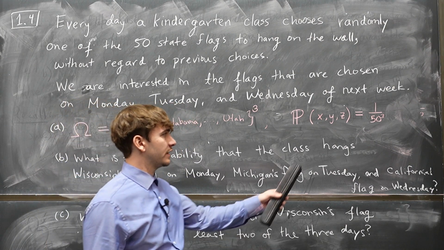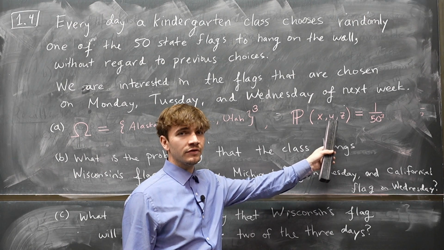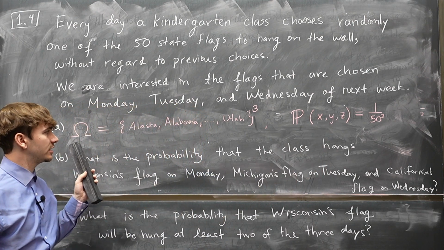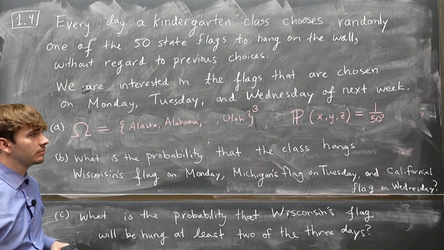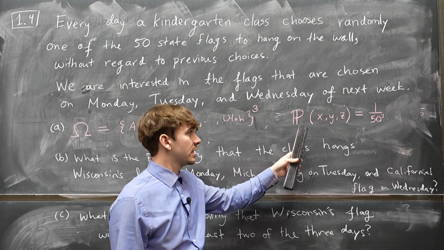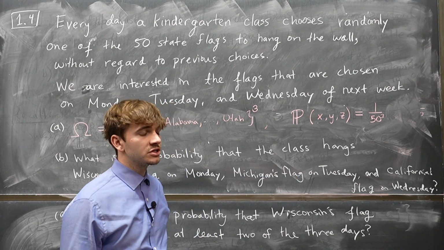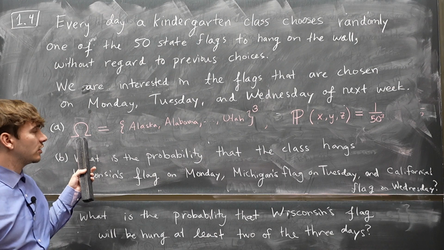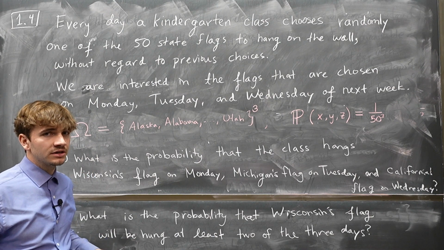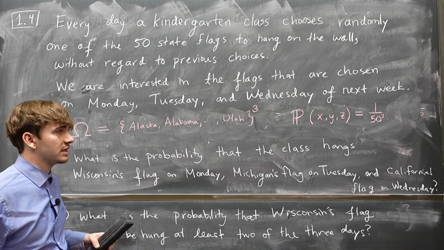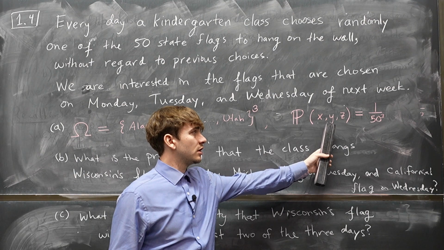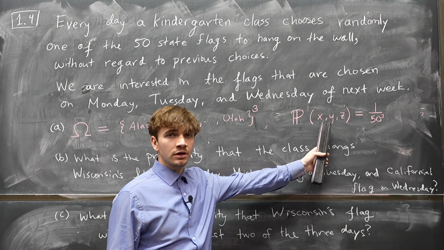Now, also recall that by specifying the probability of every possible outcome, I fully specify the probability measure on my sample space because of the axioms of probability measures. If I look at any event, which is any subset of omega, well, since omega is a finite set, every subset is going to be a finite set, and those finite sets are going to consist of elements of this form.